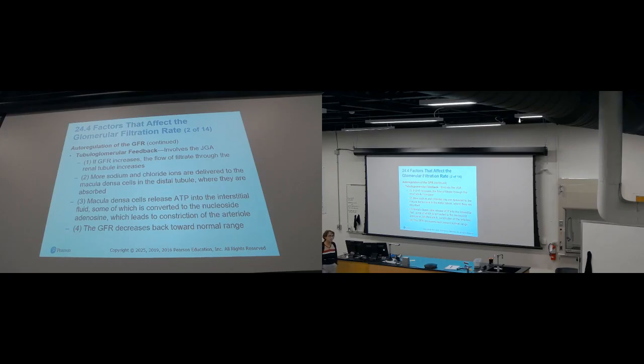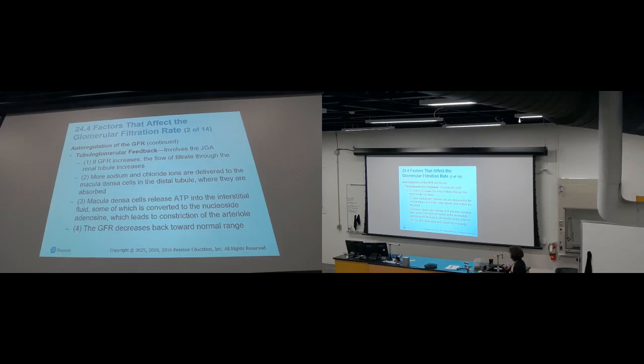We also have the tubuloglomerular feedback. That involves the juxtaglomerular apparatus. So, if you have an increase in your GFR, your flow of filtrate through the renal tubule will increase.